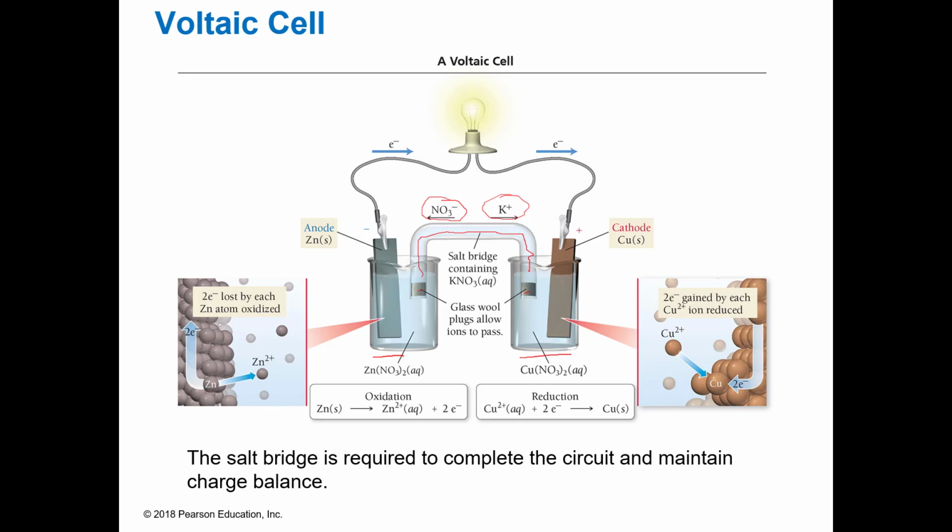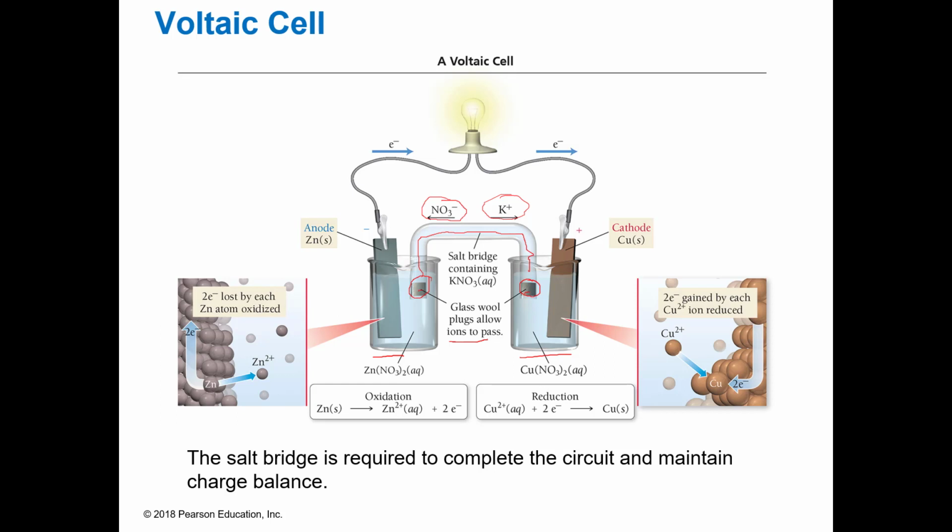So it allows ions to pass but does not allow the potassium nitrate to flow out very easily. So generally these are made out of cotton. You can just use cotton plugs or something like that. Fritted ceramics, and that's a little fancier, but either way, fritted just means little holes in a ceramic plate.